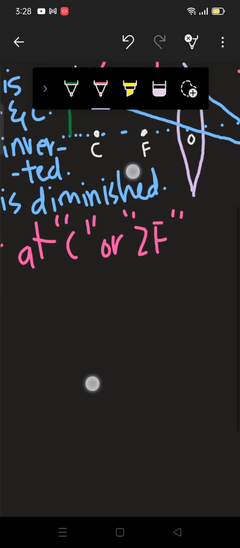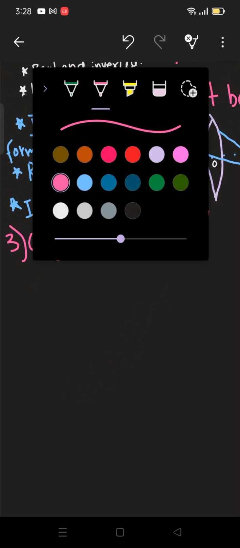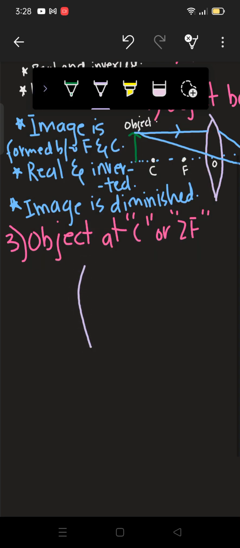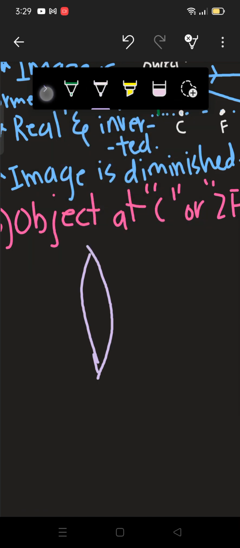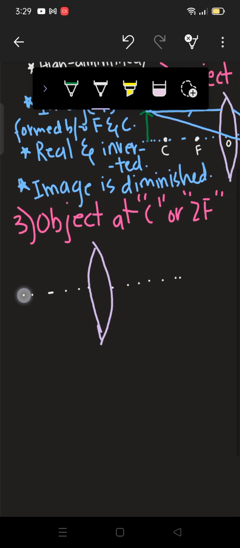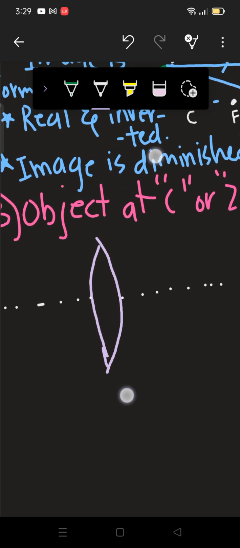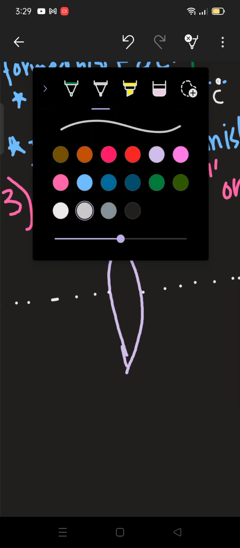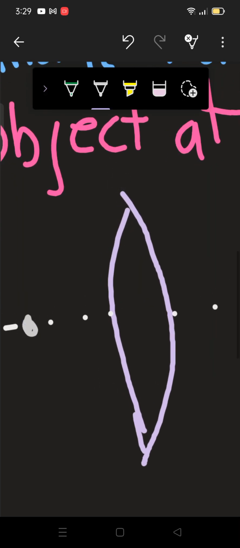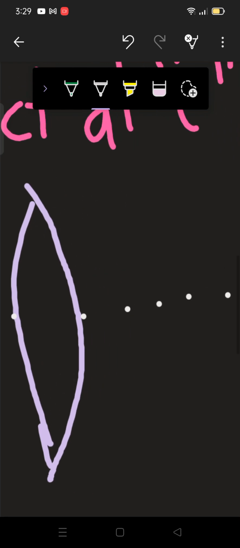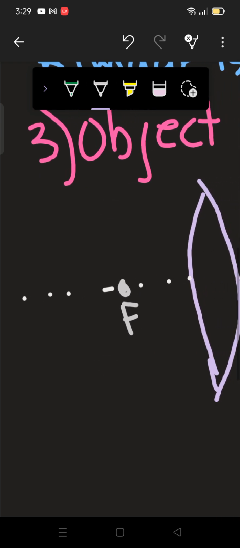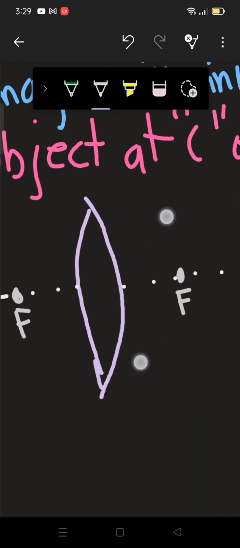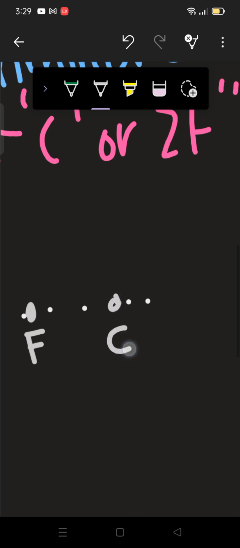So let's make the lens here. This is the lens. Here we have the principal axis, the focal point, and the center of curvature.